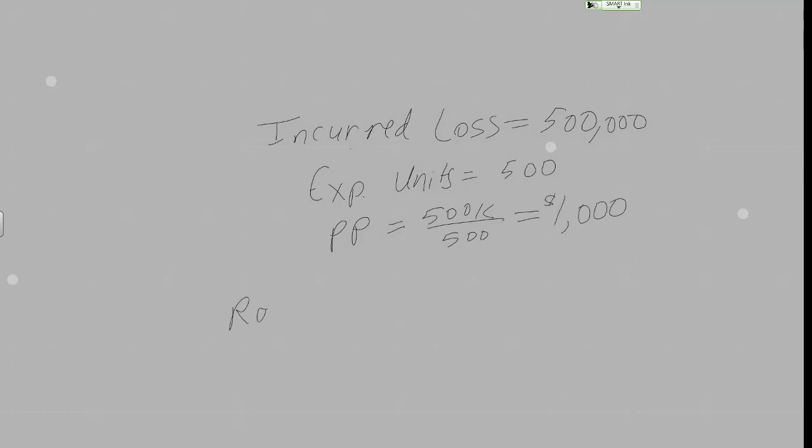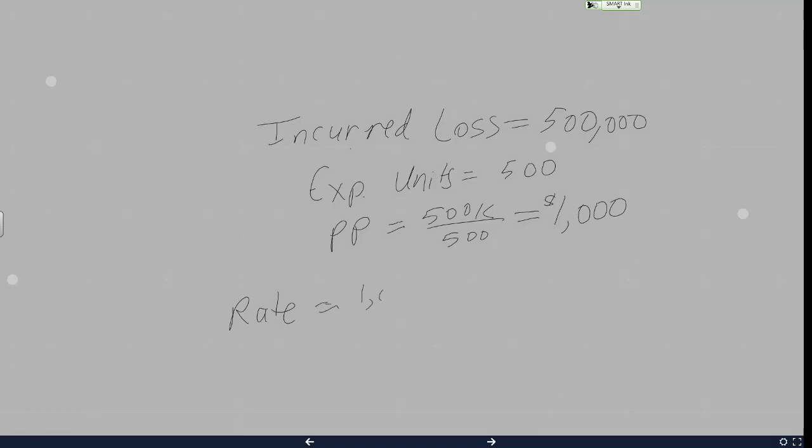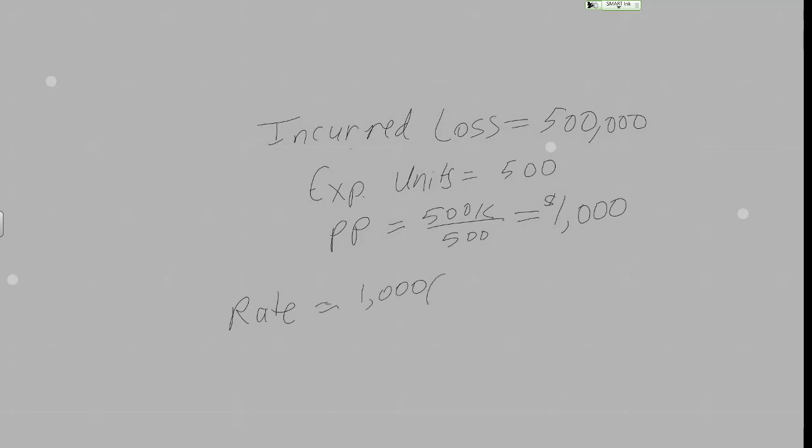So the rate equals the pure premium of 1,000 times 1 plus the expense ratio. Let's assume the expense ratio is 30%. So 1 plus 0.3 divided by 1 minus the profit or contingencies factor. Let's say that the profit this company wants to generate equals 12% or 0.12.